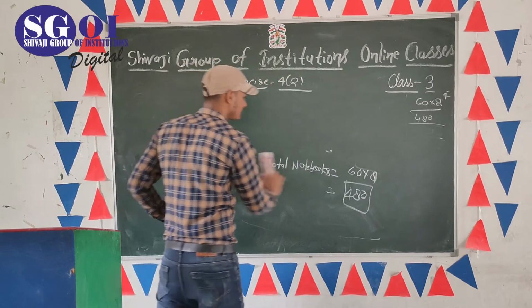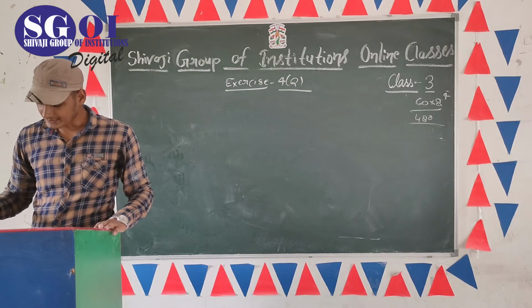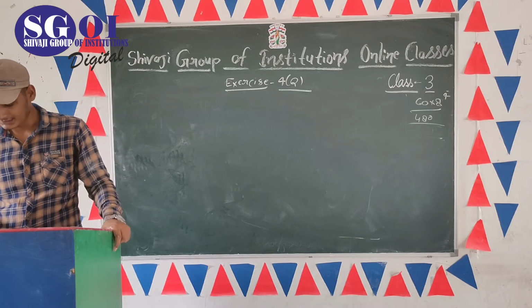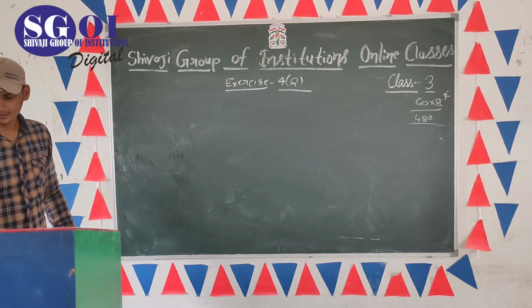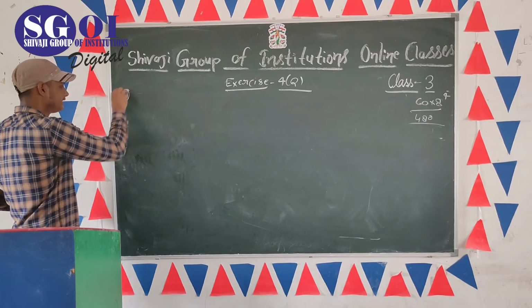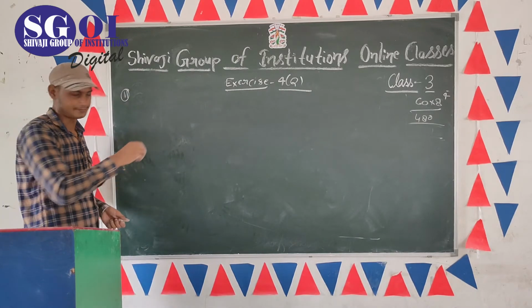Question number 11 is: a candle factory produces 55 candles in a day. How many candles will this factory produce in 6 days? Students, question number 11. A candle factory produces 55 candles in a day.